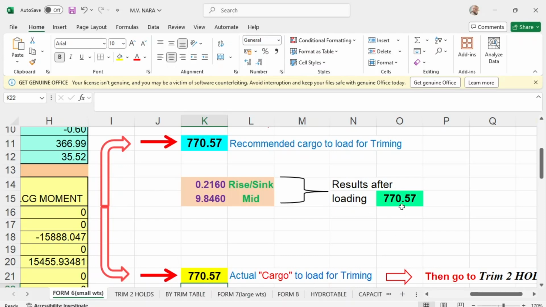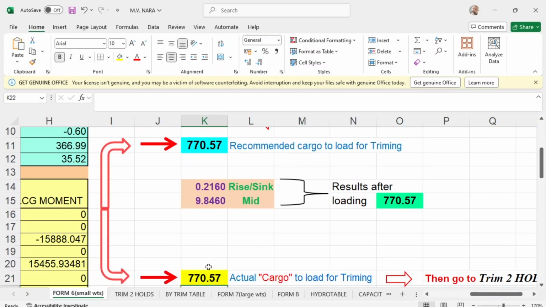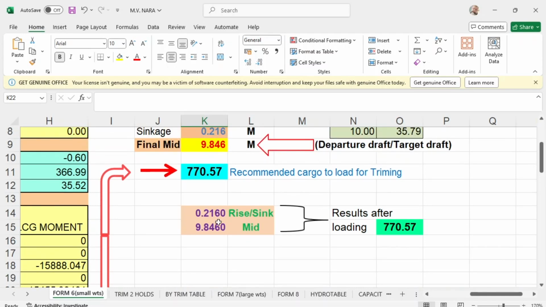Results after loading 770.57, your mid draft will be 9.846, which is exactly as this one, guys. See, exactly. And your sinkage is 0.216, which is exactly the same. So meaning, if you follow the recommended cargo as recommended here and you have already loaded this, the results will be your mid 9.846 and your sinkage 0.216.